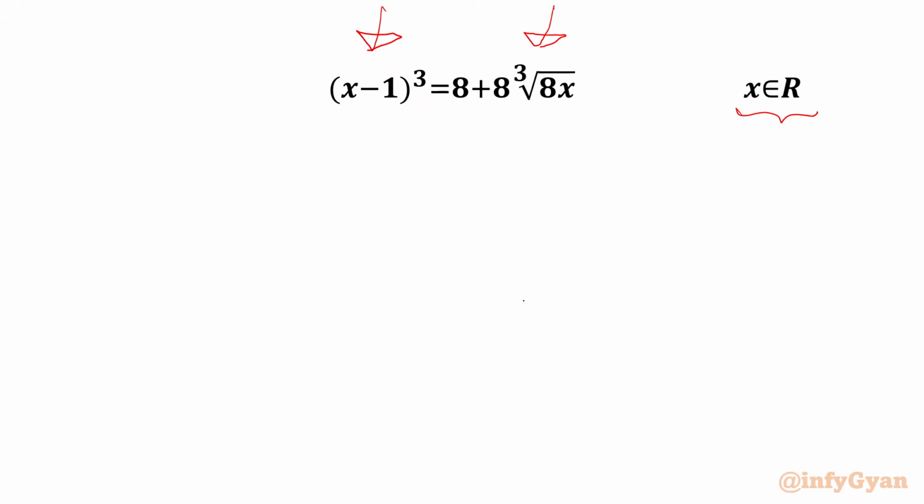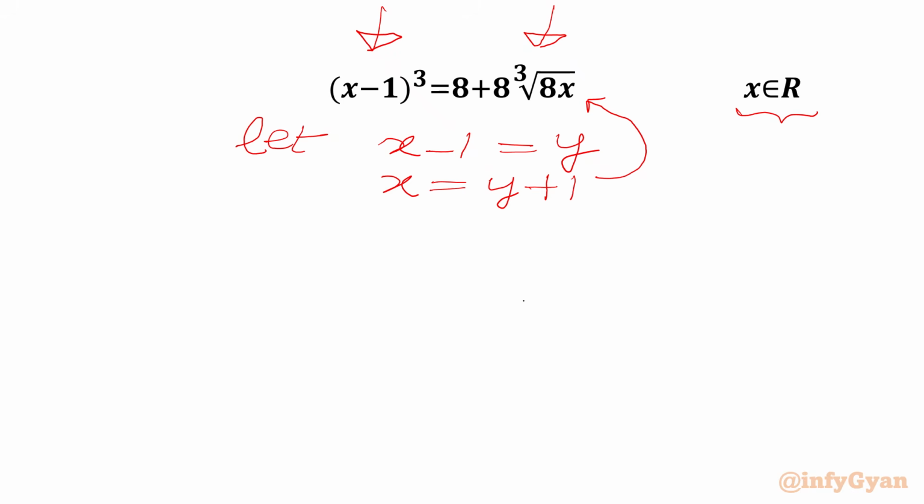So what we will consider here: let us assume x minus 1 equal to y. So from this equation I can write x will be equal to y plus 1. So here we'll put y plus 1 and here we'll write y.